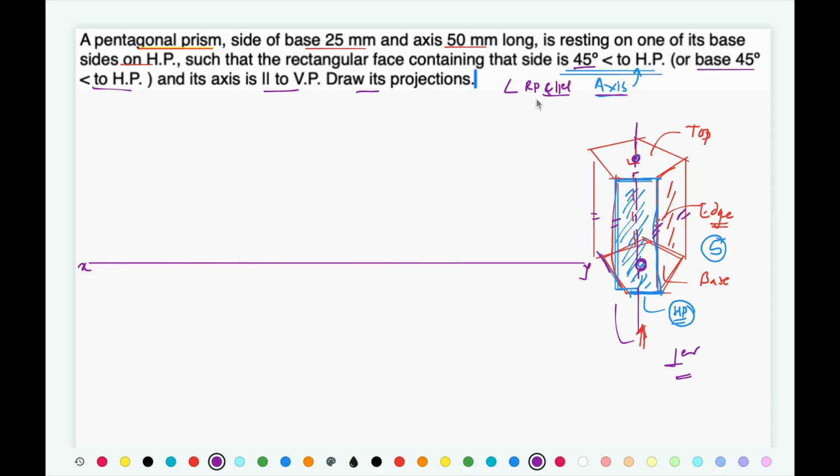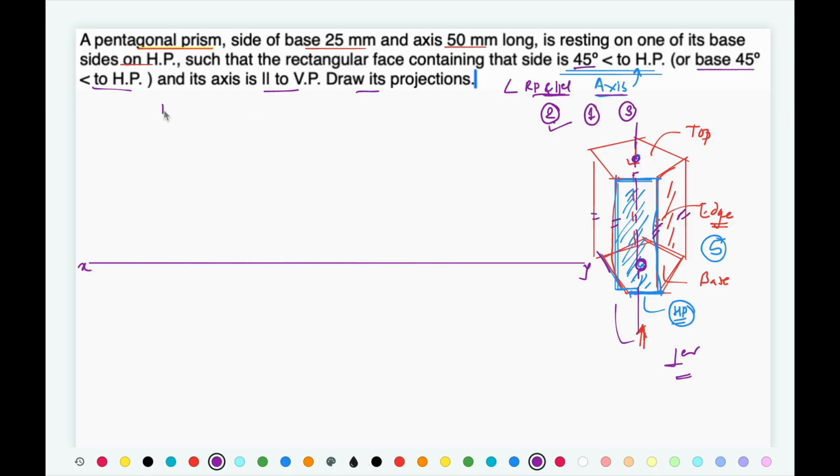So when you are solving an example where the axis of the solid is inclined to one reference plane and parallel to the other, the solution is going to take two steps. The previous example, where the axis was perpendicular to one of the reference planes, we got the solution in a single step. But here we are going to draw two steps, whereas when the axis is inclined to both the planes, the solution is going to have three steps. So in this example, we are going to draw two steps.